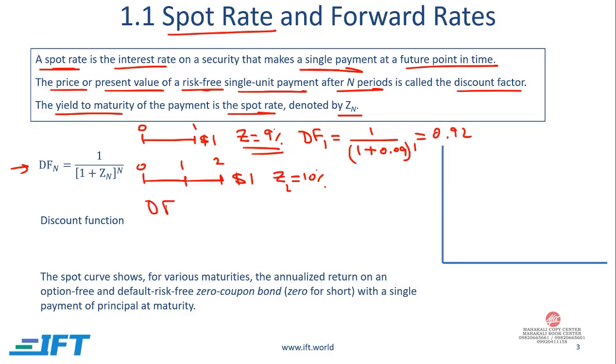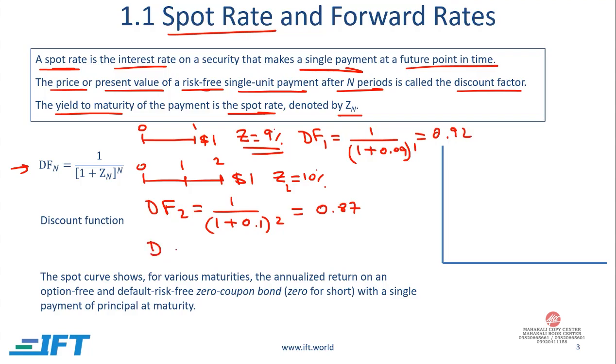So DF2 is equal to 1 divided by 1 plus the spot rate, which is 10% or 0.1, raised to the power of 2 because we have 2 periods. And notice there is no payment in between. There's just this $1 payment at the end. It is a single payment. When we do this calculation, we get 0.87. So this is DF2 and Z2 is 10%.